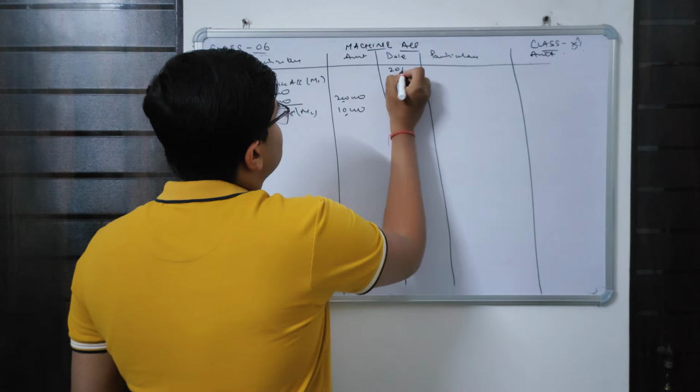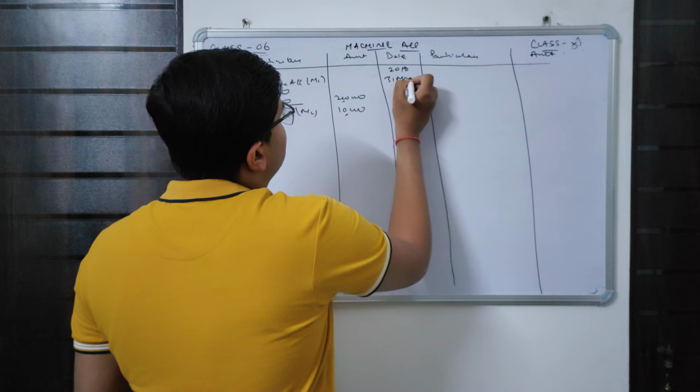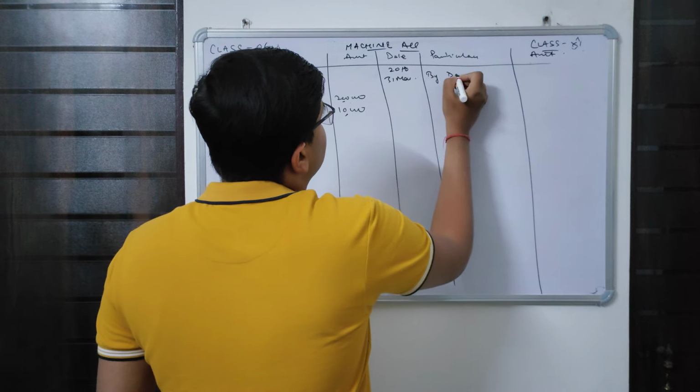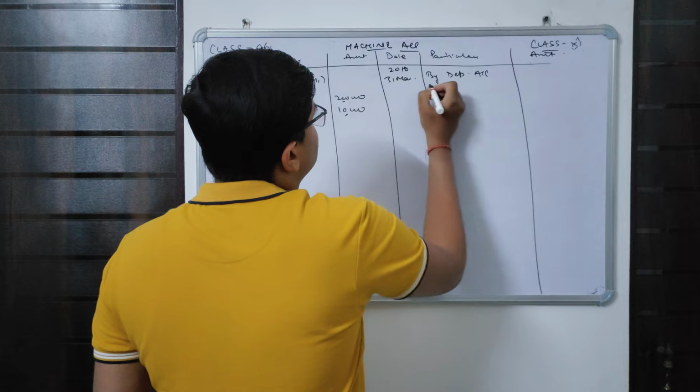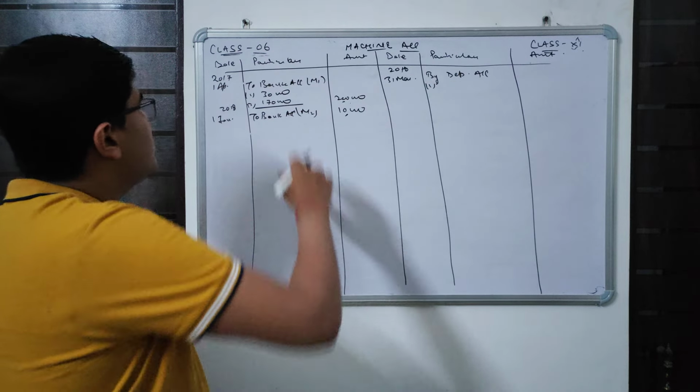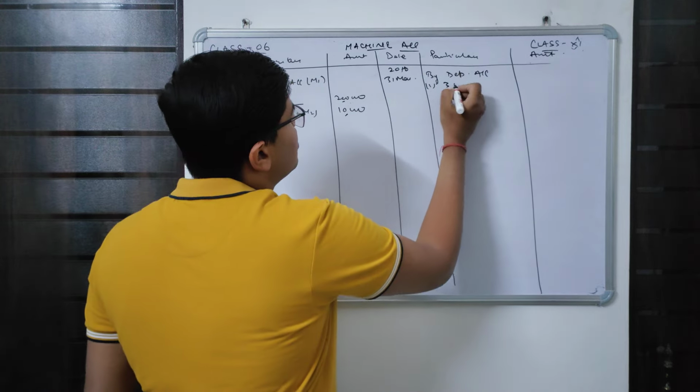So 2018, 31st March, by depreciation account. For the first machine 30,000, it will be simply 3,000.